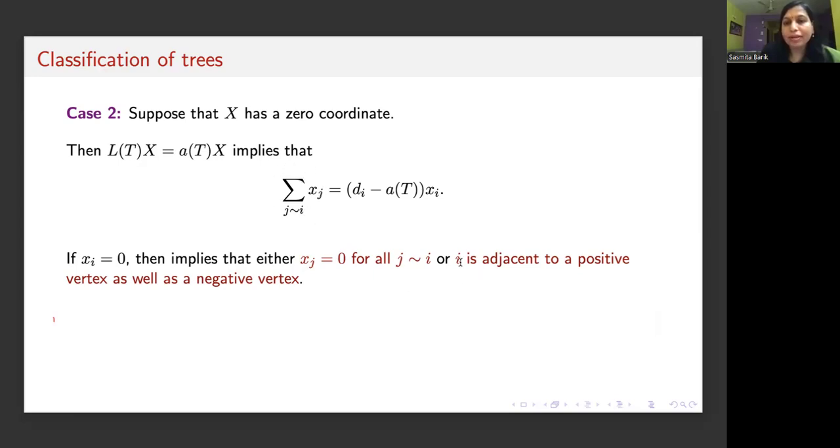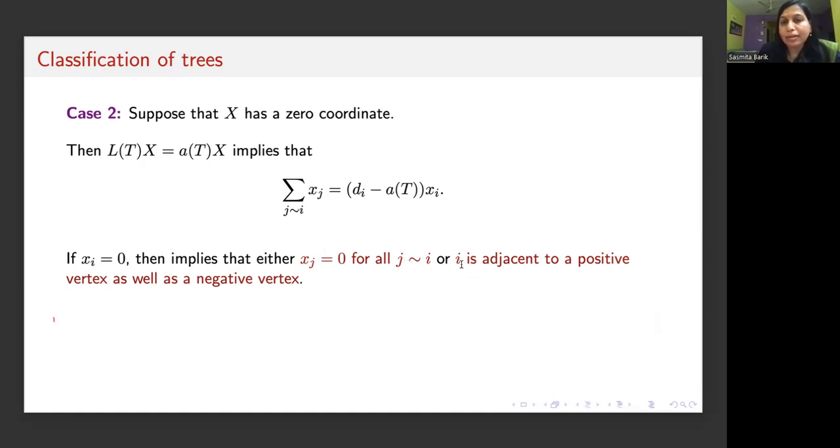Or it may happen that i is adjacent to a positive vertex as well as a negative vertex. Then some positive, some negative, and this sum can be 0. So either all the vertices adjacent to i have corresponding coordinates 0, then the sum will be 0. That is your first case.